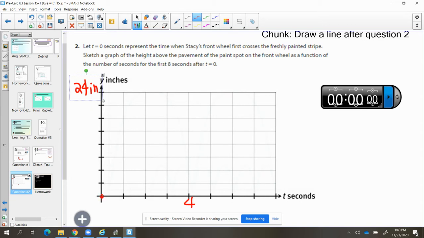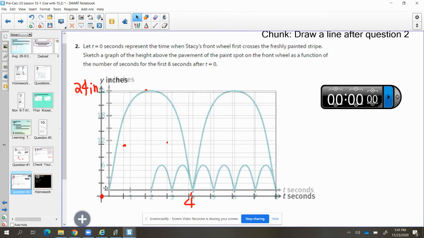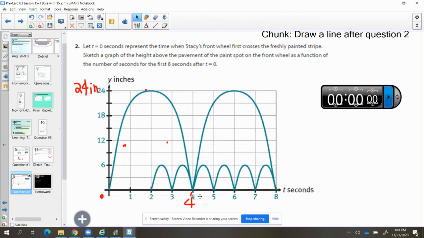So we're starting here on the ground. It will be halfway through at 12 inches, and then we'll move all the way up to 24 inches, and then back down here, right? So essentially what we would be seeing each time with the big wheel is this idea that we're looping through, repeating itself, okay?